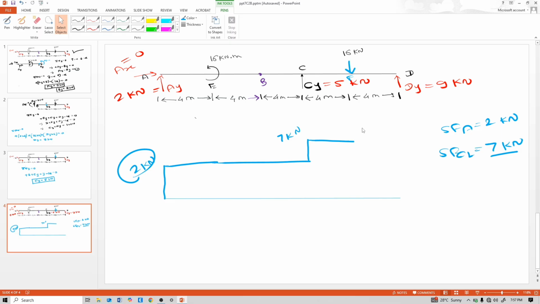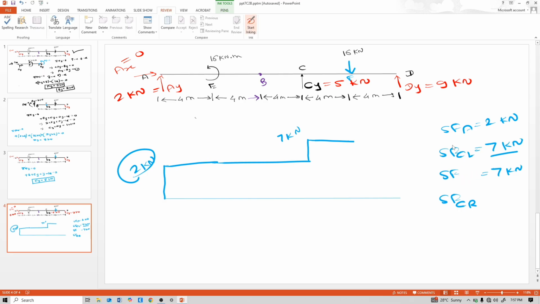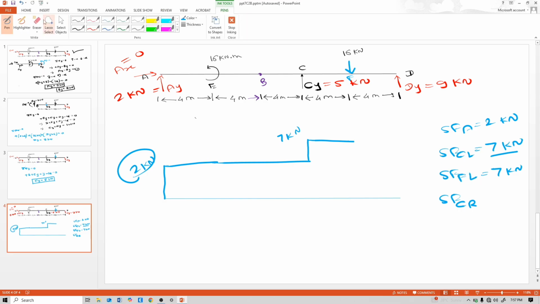So shear force just left to F is 7 kilonewton, because in between C to F there is no load, and shear force just right of F is plus 7, downward arrow minus 16, so this is minus 9.